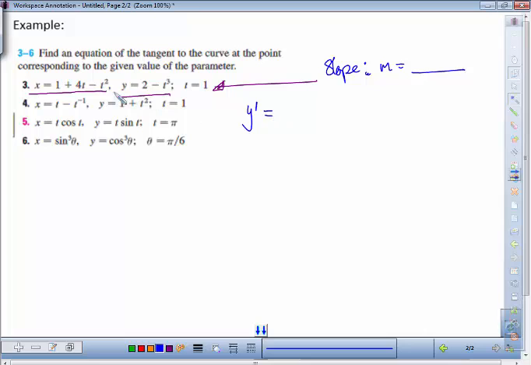And y is a function of t, so maybe I should put this as a function of t just to be clearer. And the derivative of this is just, what is it? Negative 3t squared, right? So that's going to go in my numerator. My denominator is going to be x prime of t, and this is going to be 4 minus 2t.